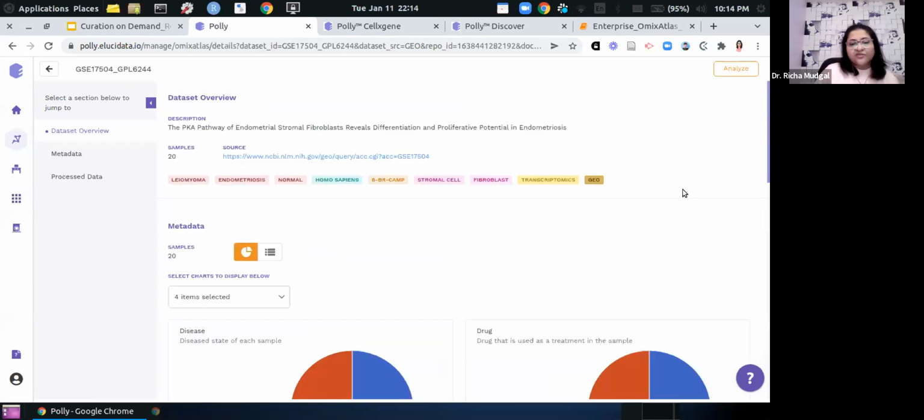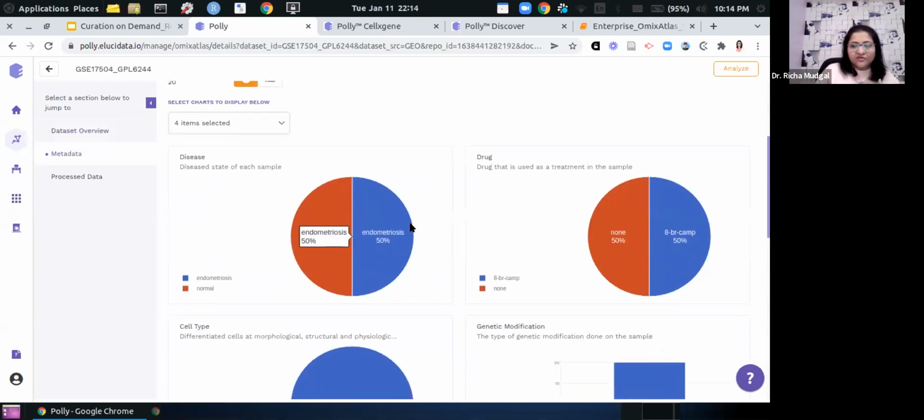When you go to the actual source, you have to read through a large slew of paragraphs to understand what samples were used, or whether this was a treatment. A lot of that information is hidden in text, which in an Omics Atlas like this becomes much easier for you to consume.